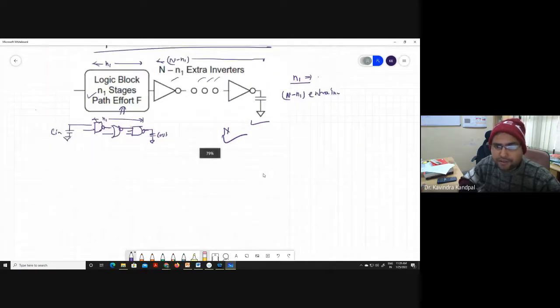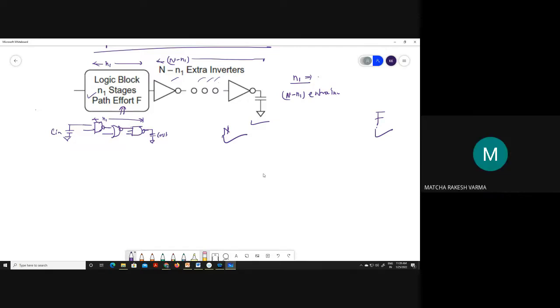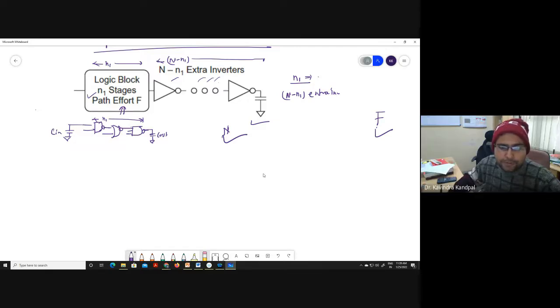Correct? Yes, sir. I also know that the path effort for N1 number of transistors and for capital N number of transistors still is the same, and that is equal to F. Right? If it is so, what will be the delay now?